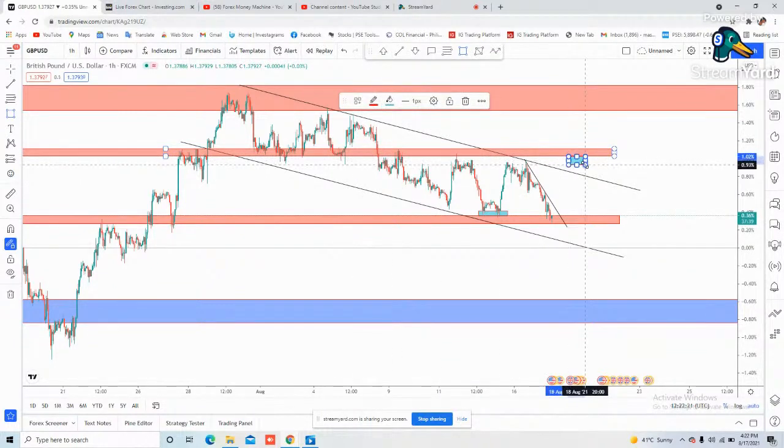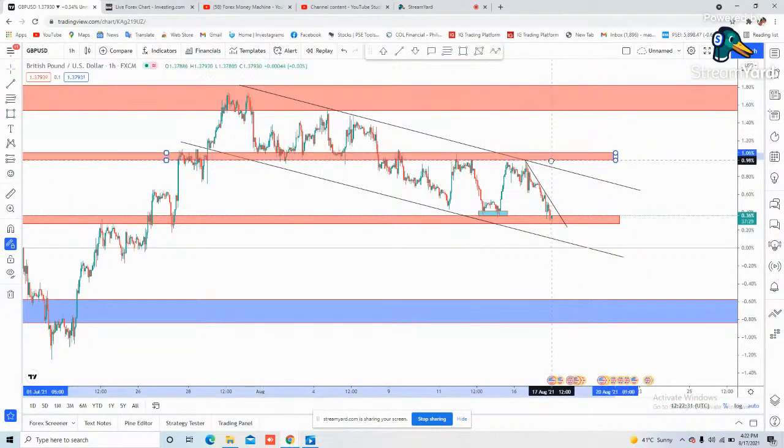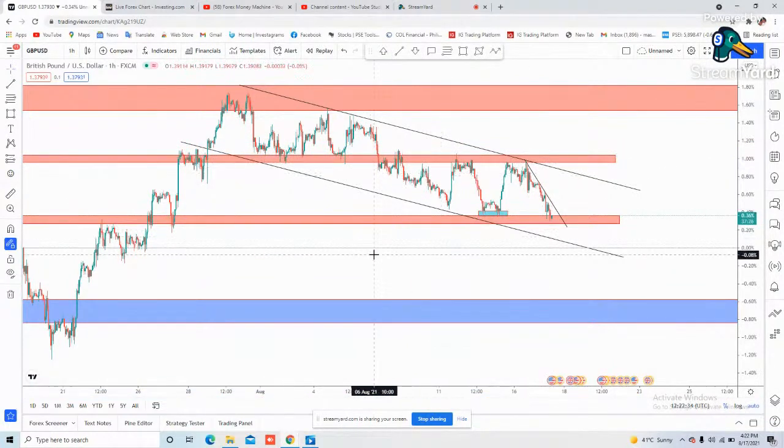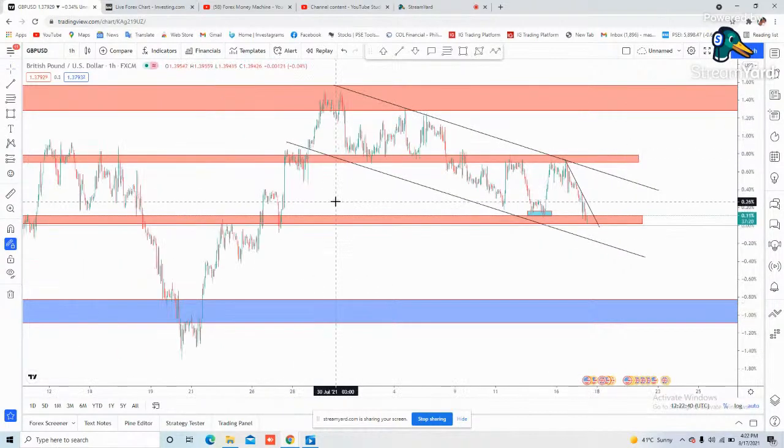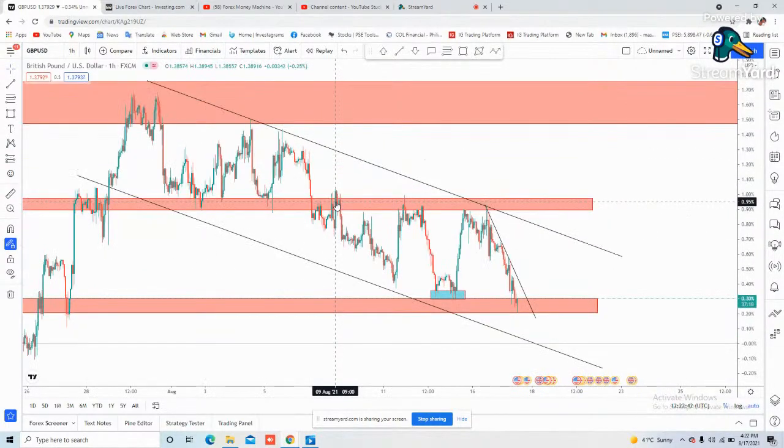This is the possible TP, target price here. So as long as you know the support and resistance, you will be safe and you have a proper trade plan. The way you trade your system, you have to develop a system that suits you.